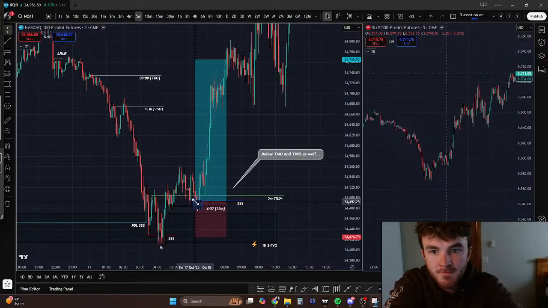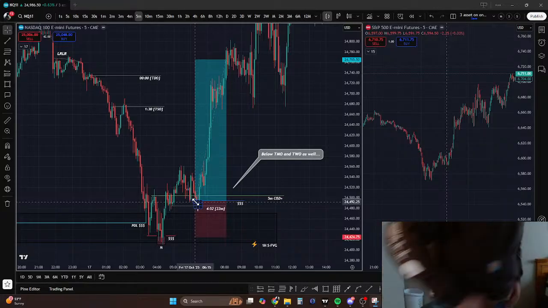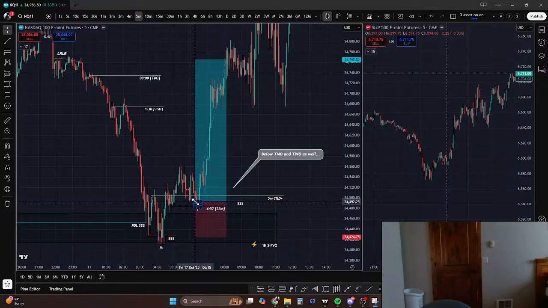I'm gonna have flow state inducement for any time you take the entry below the retest of the change in state of delivery. And then a flow state retest for any time you take the retest of the change in state of delivery. And then close for any time you take the close.